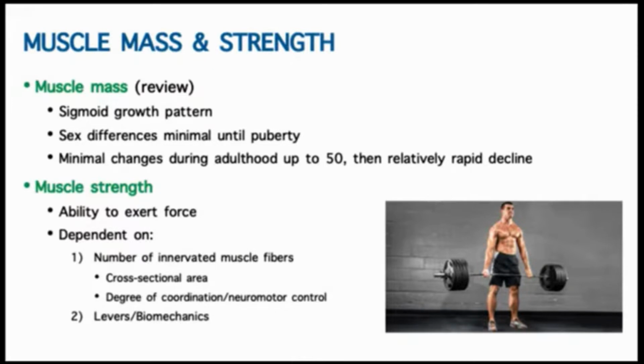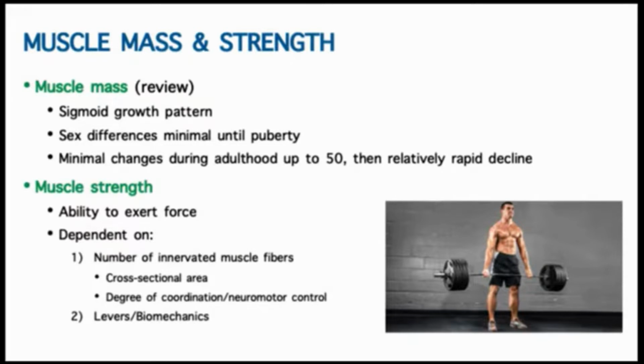Two things that we can look at are the number of innervated muscle fibers, and the cross-sectional area, so how many total fibers there are in a single muscle, right? If we took our bicep, for example, out of our arm and put it on a table, and then we cut it in half, right down the middle at the largest part of the muscle belly, that would be the muscle's cross-sectional area.